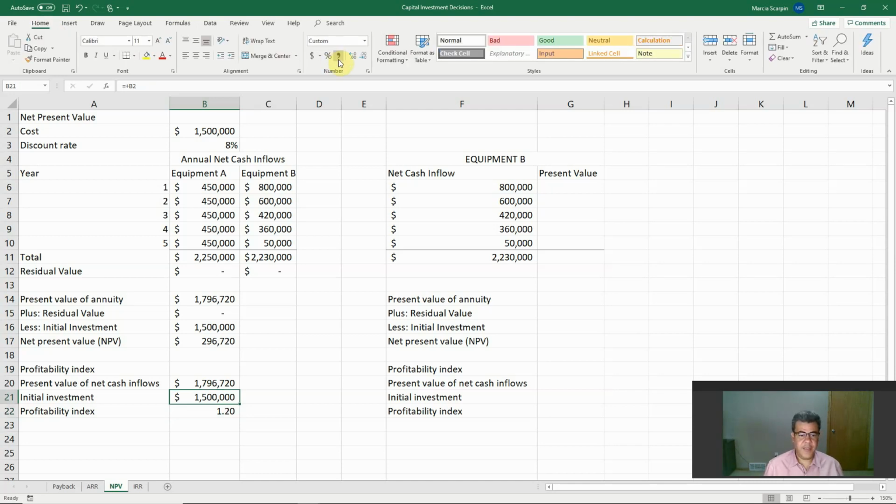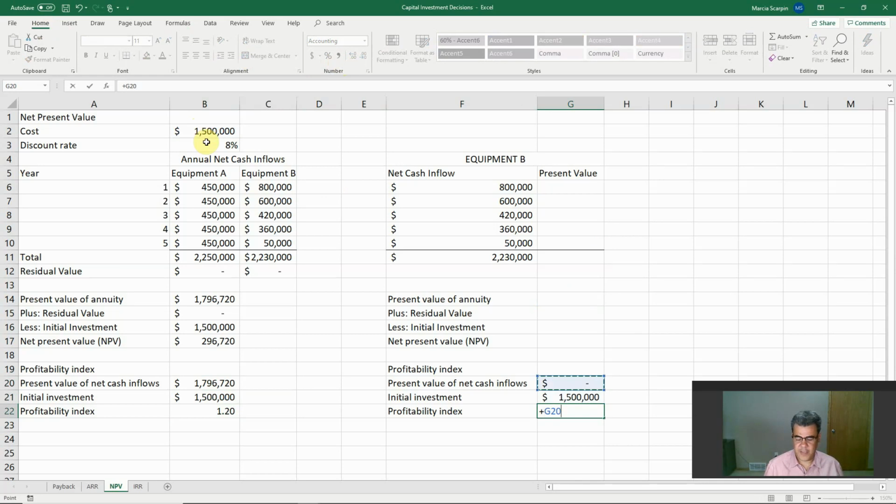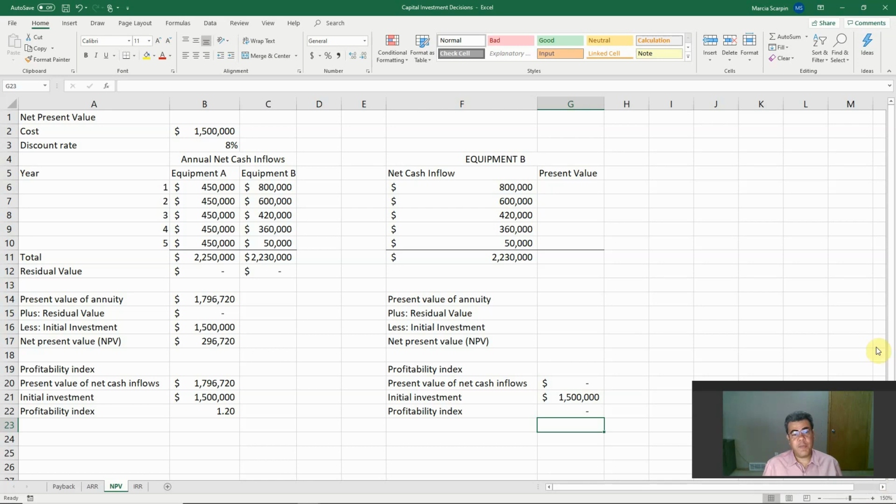Okay? And here we have the same, the present value, the initial investment, the profitability index. Usually in the profitability index, we don't consider residual value. What about equipment B?